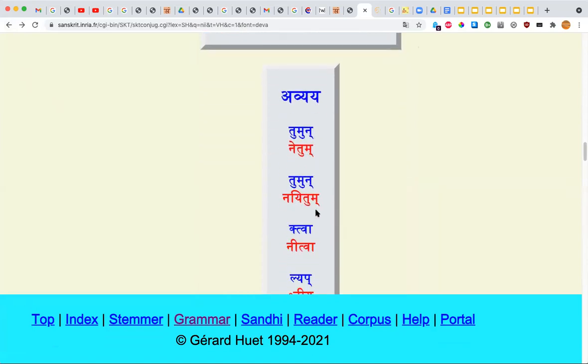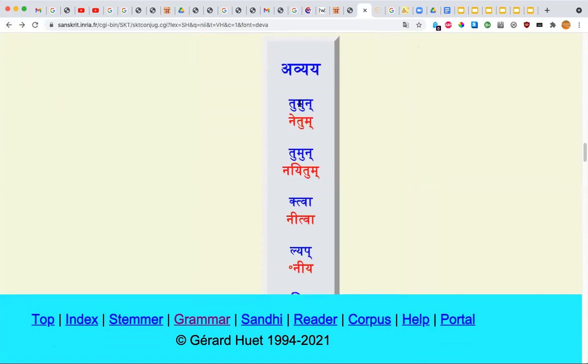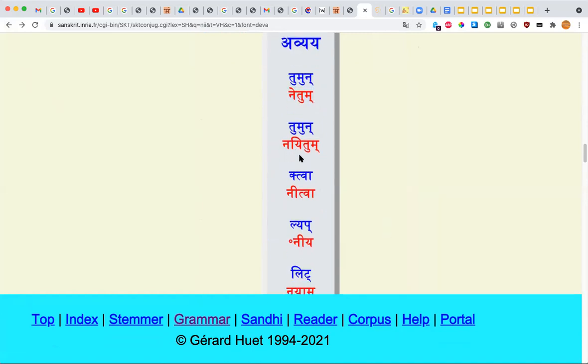And then we had studied one more, Tumun, and Lyap and Twa. So the Tumun form of Ni dhatu is Netum. And there seems to be an alternate form also, Nayitum. So to answer the question here, Twa form is Nitva, right? Nitva.